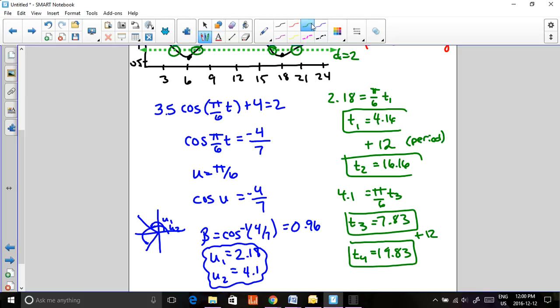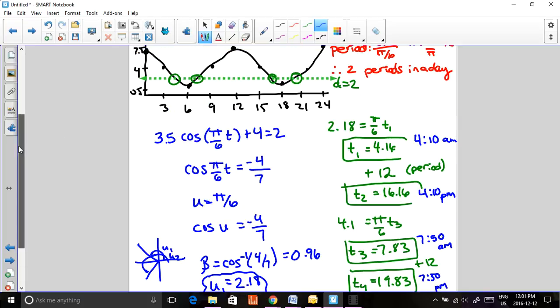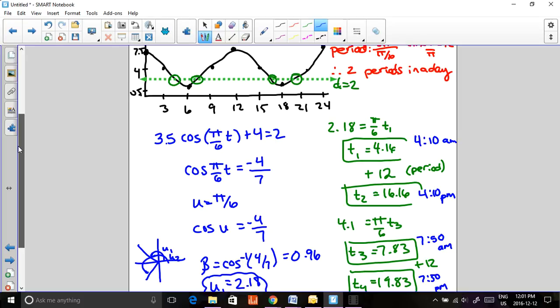So we can say that this is approximately 4:10 a.m. And this is approximately 4:10 p.m. And 0.83 times 60 is 49.8. So we'll say this is approximately 7:50 a.m. and this is approximately 7:50 p.m. So if we go back to our graph, it's above d from midnight, we'll say, to 4:10 a.m.